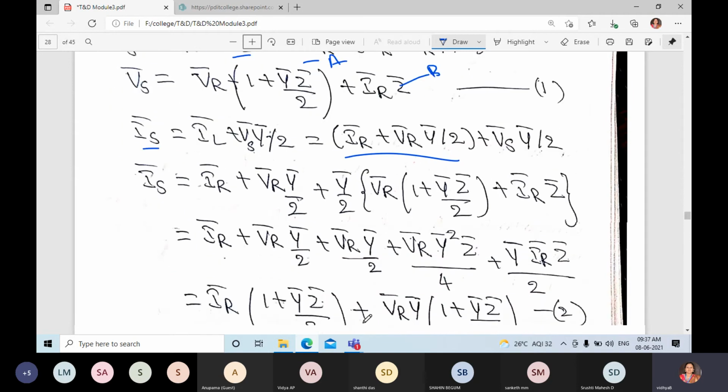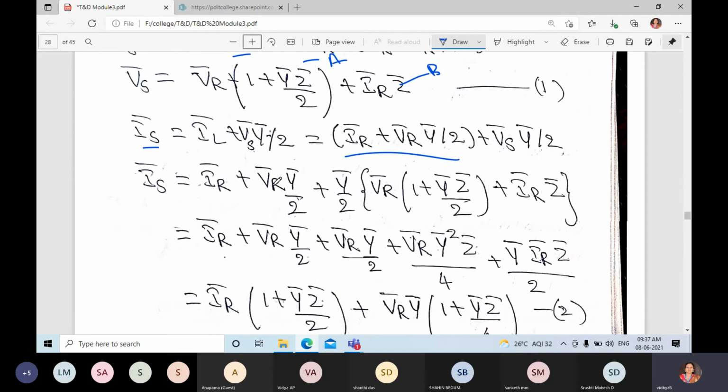First IR plus VR into Y by 2, and they have taken Y by 2 outside and substituted the Vs value. The Vs value is VR into 1 plus YZ by 2 plus IR into Z.